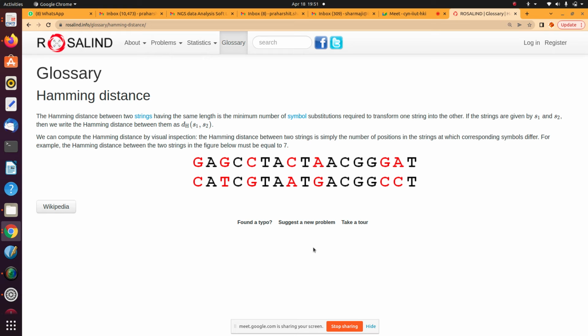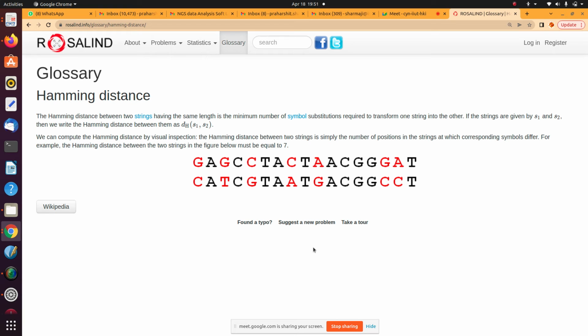So Priyanka, what are the red symbols and what are the black symbols? What is the difference between red and black encoding? Red is just mismatch and black is match, right? So the number of mismatches is the Hamming distance, right?